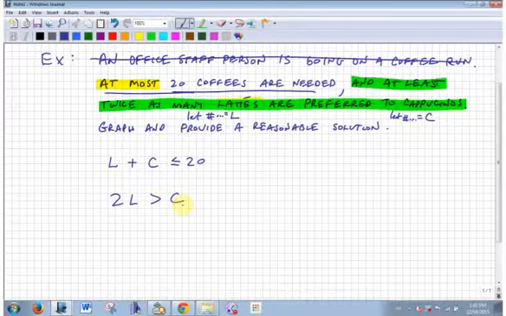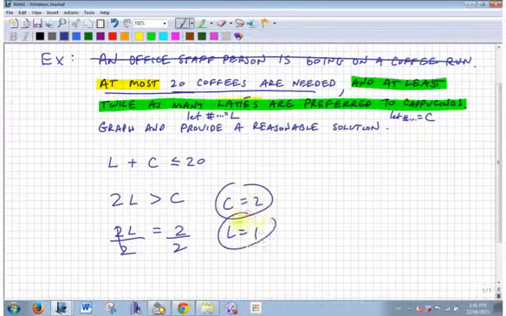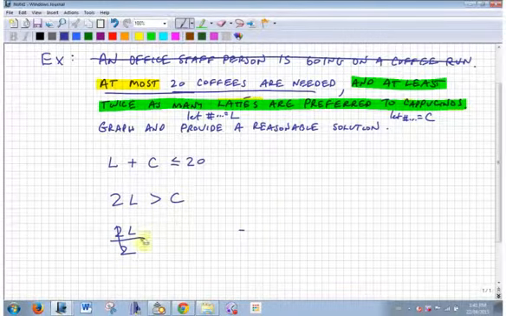The reason is if I say I got 2 cappuccinos, then how many lattes do I have? Well, divide that by 2 and L is 1. Does that make any sense? It doesn't make sense because I need twice as many lattes as cappuccinos, right? Not twice as many cappuccinos as lattes.